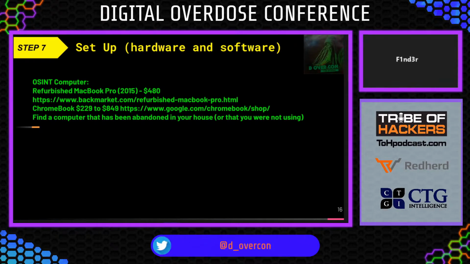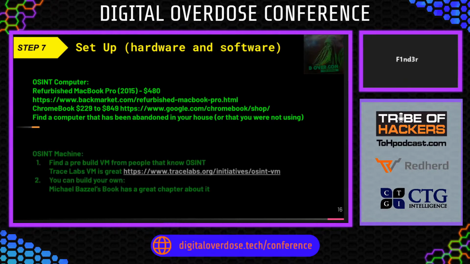Or find a computer that nobody is using in your family, wipe it off, install an OS on it, and use it. I personally run a 2011 MacBook Pro, and it runs fantastically. I have Ubuntu 20.04 on it, and it does the job. I have that, and then I have a personal computer.